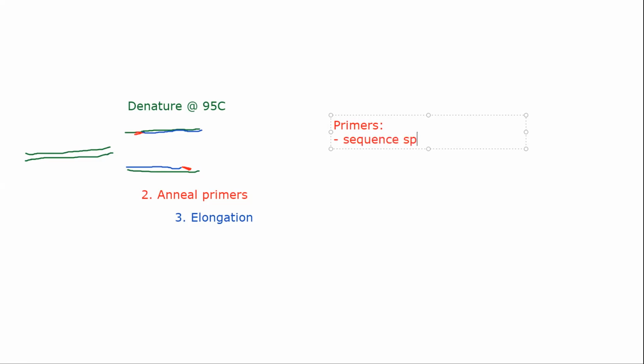If it turns out that it could bind to a bunch of different genes that aren't the ones you were wanting to look at, like the group who had originally wanted to do their project on lactose intolerance, well, if you picked primers that could bind to genes that weren't just about the lactase enzyme, you wouldn't get the ones you wanted, or you'd get a bunch of products that weren't necessarily what you were looking for. You want to make sure they are sequence specific. They should be about 20 to 30 base pairs long.